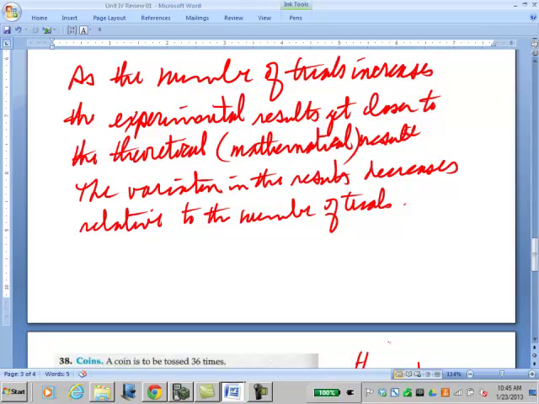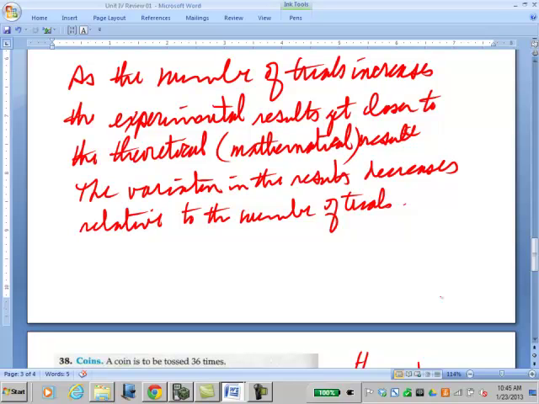Okay, now nobody was able to tell me this. So make sure everybody's got this written down. This is the law of large numbers. As the number of trials increases, the experimental results get closer to the theoretical, that is the mathematical result. The variation in the results decreases relative to the number of trials.